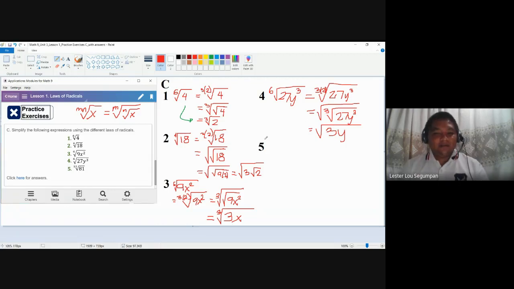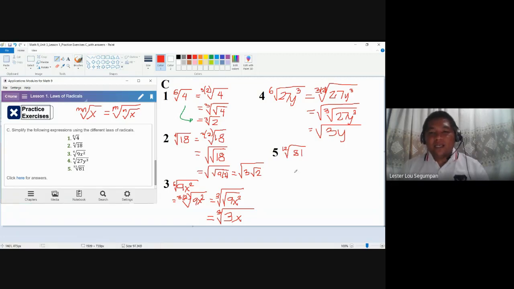As for number 5, let me transfer it a little bit here. Okay. In number 5, we could actually use different methods. But let's write the given first. Okay? So it's very big. The 12th root of 81. I will show you two different processes here.